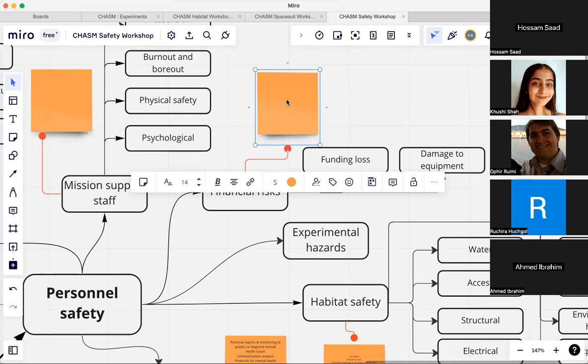Good idea, Karen. If we have a rover that costs like 30,000 euros or dollars, that can be in the mission or in the habitat. The question is, who has an insurance for that?